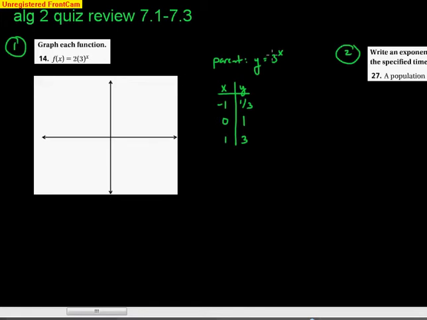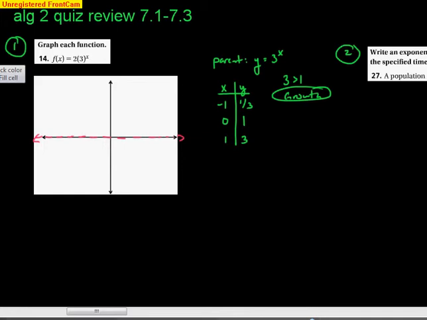Notice also, since 3 is greater than 1, this is a growth model, or a growth graph. And you'll see as it goes to the right, it grows. So when I graph this, recall that we have an asymptote on the x-axis, right? So we can't go below or touch that x-axis.